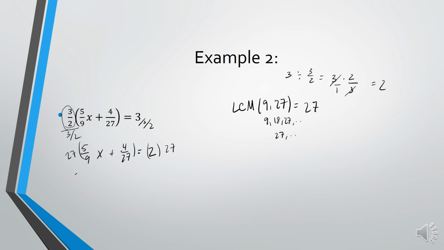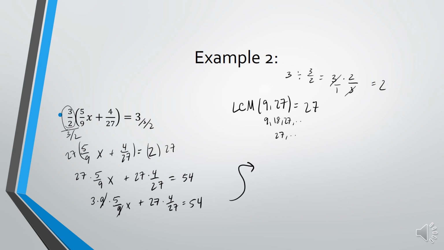For my first one, it's going to give me 27 times 5/9 x plus 27 times 4/27 equals 2 times 27, which is 54. For my first piece, I'm dividing by 9, so I'll rewrite 27 to be 3 times 9. And the 9's are going to cancel. For my second piece, it's already 27 on the bottom, so I'll just leave it there.